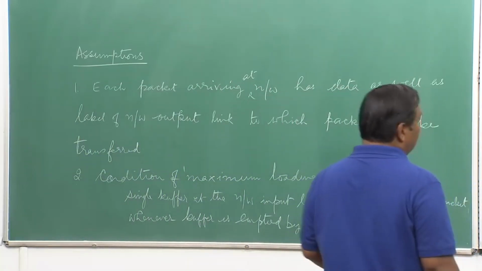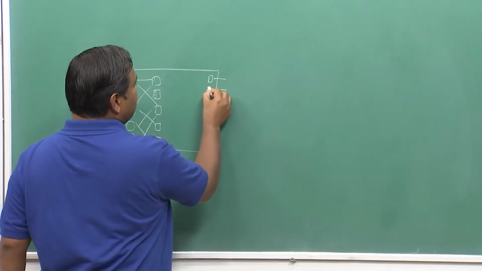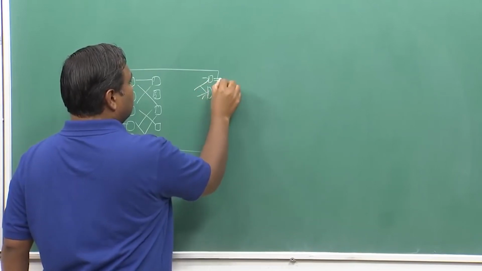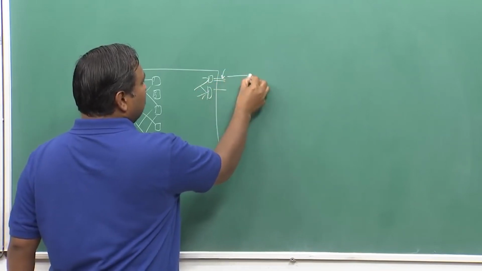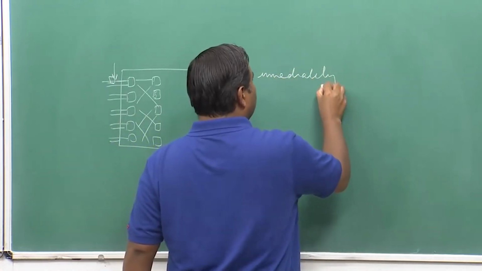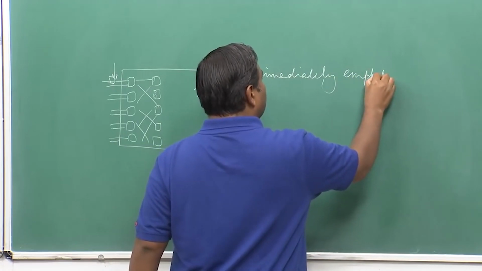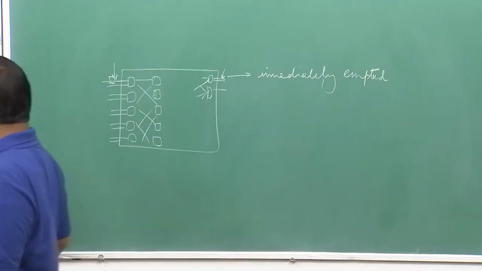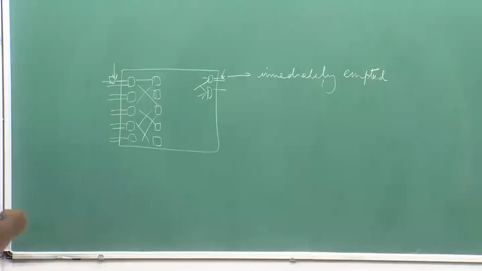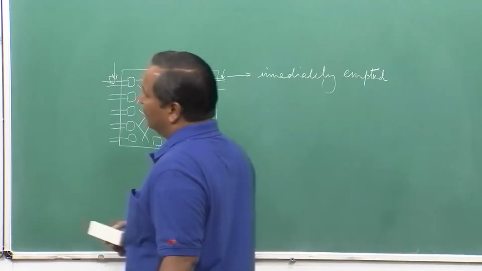And of course, now what happens to the outgoing links? Whenever a packet reaches the outgoing link, it is going to be immediately emptied. We need to state that also as part of the second condition.